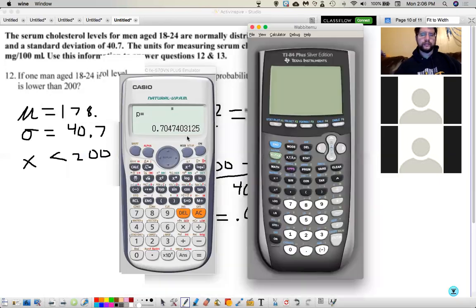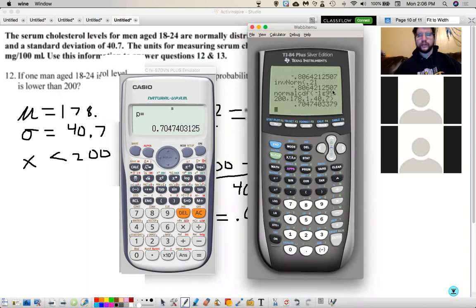We use a TI. Again, go to your distributions, normal CDF. Lower bound, negative infinity. Upper bound is 200. Mean of 178.1. And a standard deviation of 40.7. And we get the same thing as on the Casio.